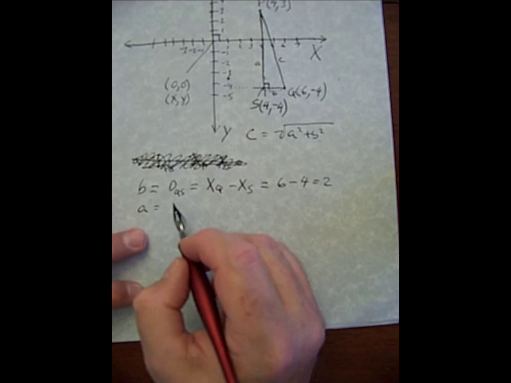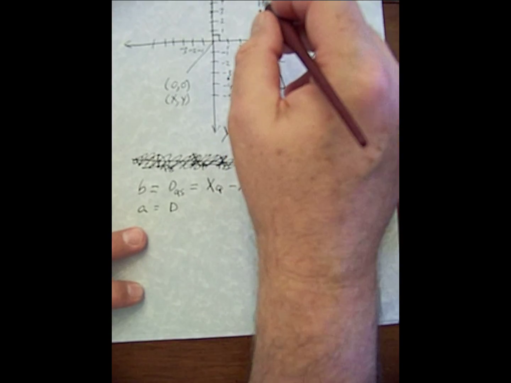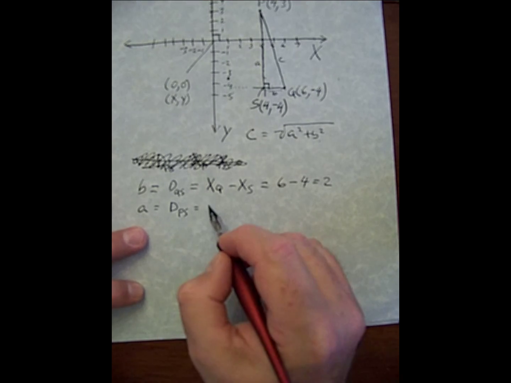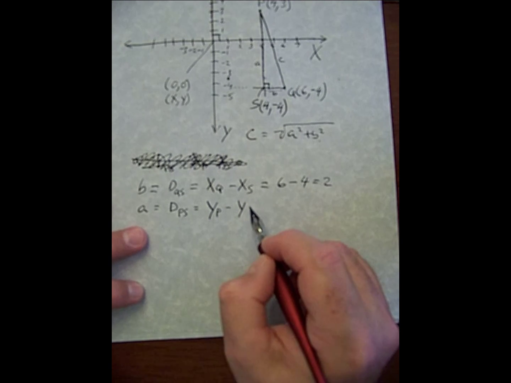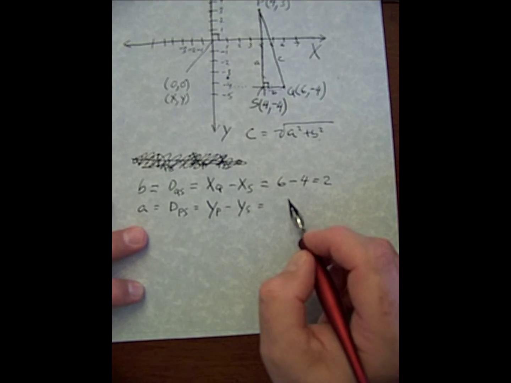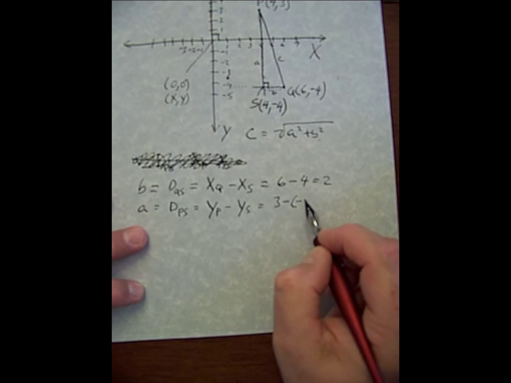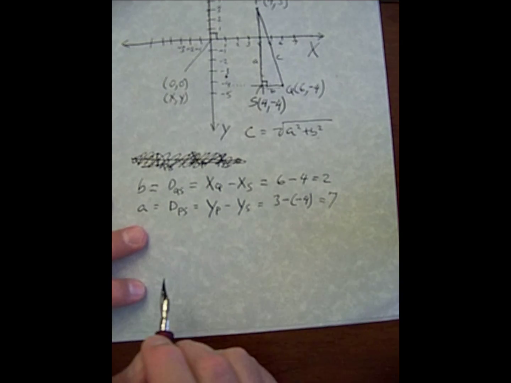A is the same thing, but in the y direction, and we're going between P and S. So the distance between P and S is y sub P minus y sub S, which equals 3 minus 4, which of course is equal to 7.